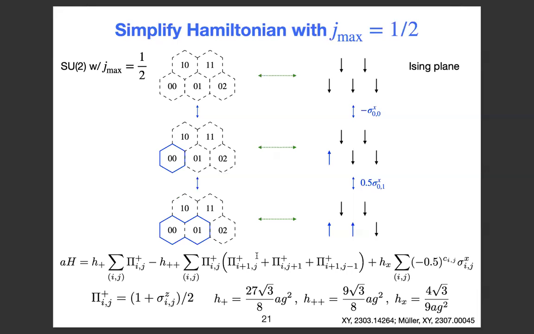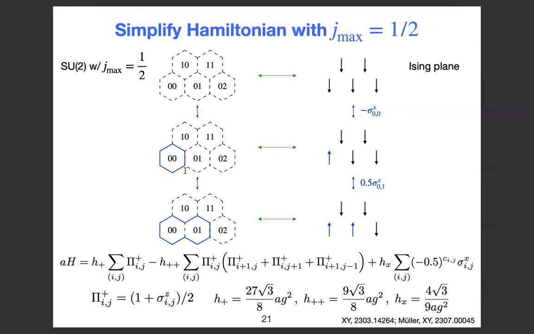For example, the bare vacuum of the theory we can just map onto a spin system where all the spins are pointing down, each spin corresponding to the position of one plaquette on the lattice. If one plaquette is now in the Gmax equals 1/2 case, then it corresponds to the spin pointing up.